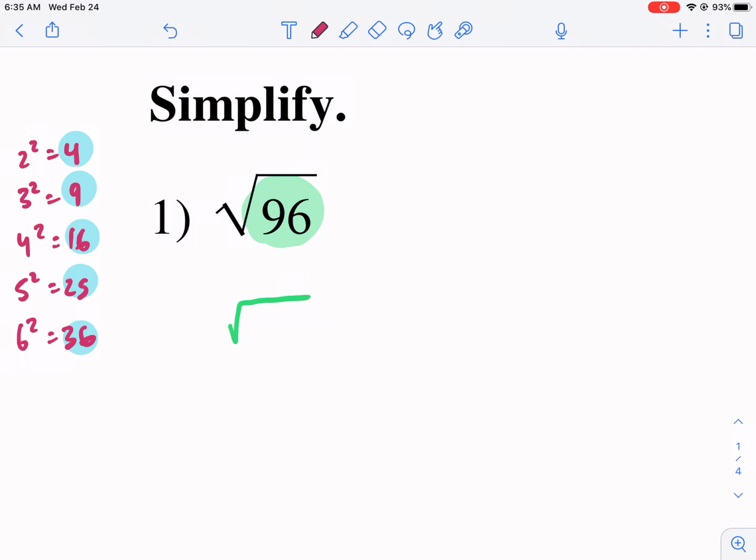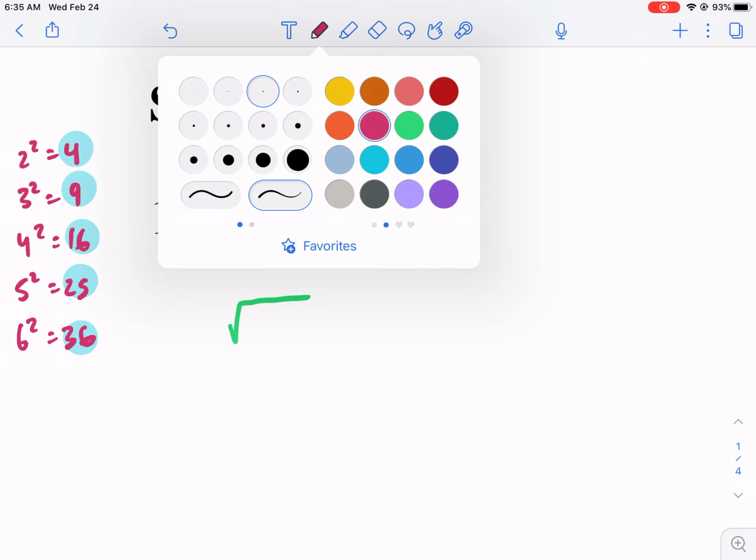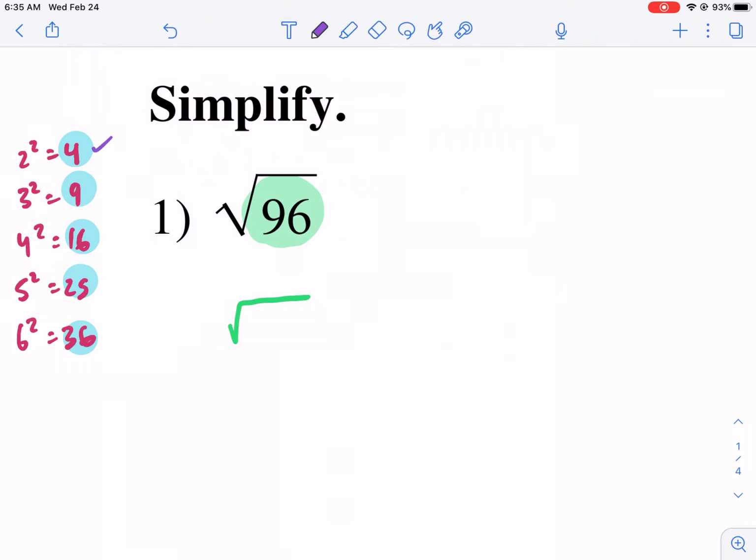So that one works, but we want to try to find the biggest square factor that we can. So 4 works. Is 9 a factor? 96 divided by 9, that one does not work. What about 16? 96 divided by 16, okay, that one works too. So these ones will not work. 36 is too big. Okay, but we know that 16 will work.